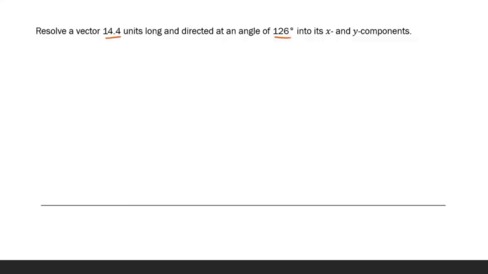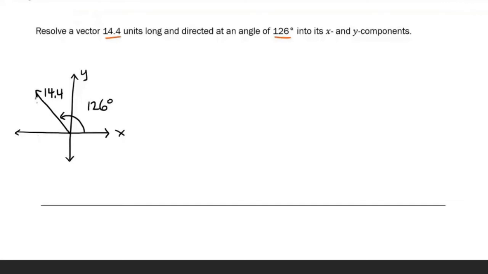Let's start with a picture. On the coordinate plane, 126 degrees is an angle in quadrant 2. So I'll label this as 126 degrees, and we're told that the magnitude of this vector is 14.4 units. What we're asked to do here is to resolve this vector into its y component and its x component.